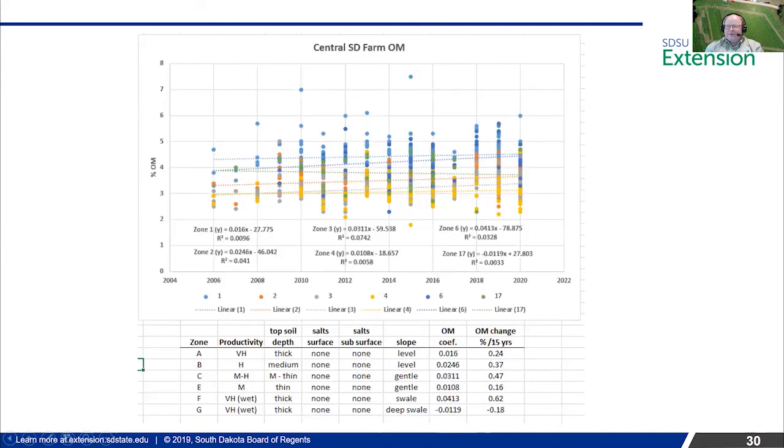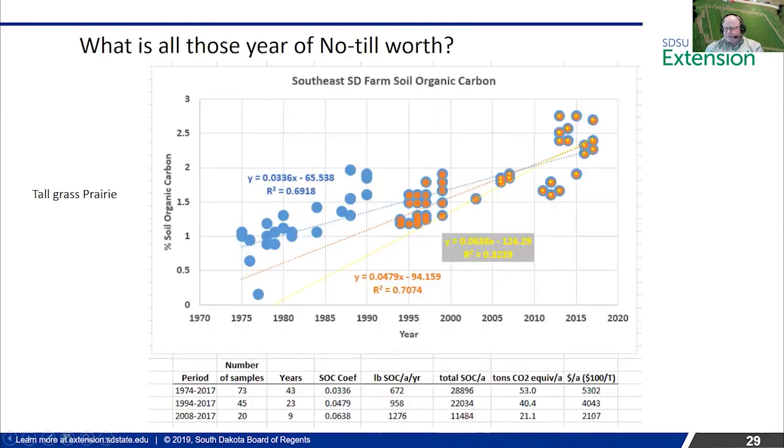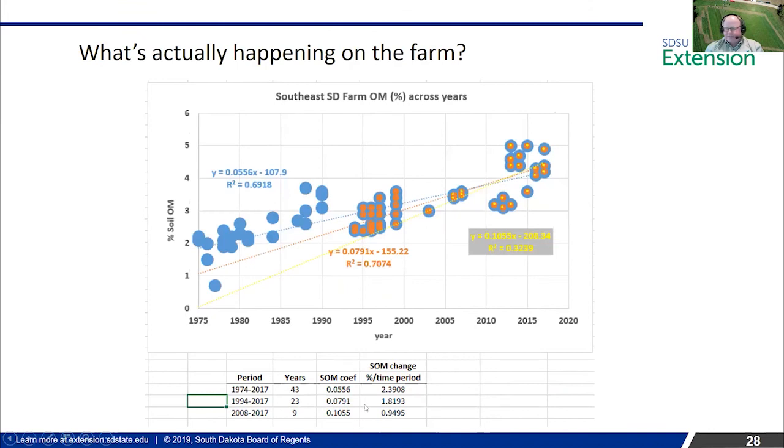Now, if we go to Central South Dakota, this is a mess, but this farm thankfully did a bunch of zones. So I've calculated the organic matter change based on each one of those zones. That zone down the bottom that's very wet, that deep swale that only produces a crop 1 out of 5 years or 4 years, is losing carbon. So the carbon increase there at this long-term no-till farm in Central South Dakota is much lower than the long-term no-till farm in Eastern South Dakota.